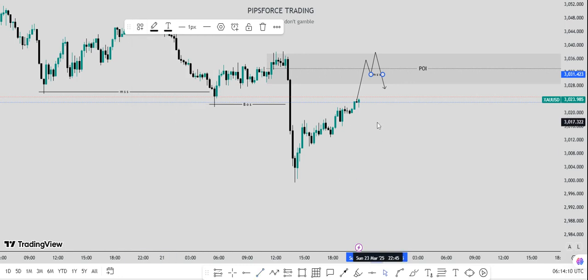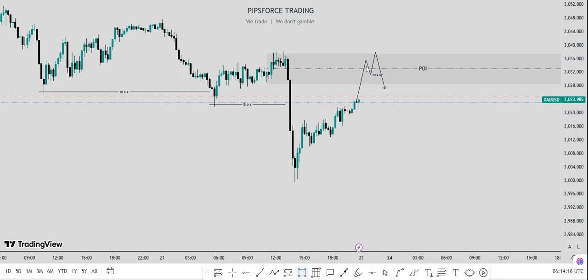You now look for your institutional reference point in the lower time frame as well. That's your entering time frame here. Maybe using a breaker block at this level, wait for price to trade back into that level, and you can now take your sell trade.